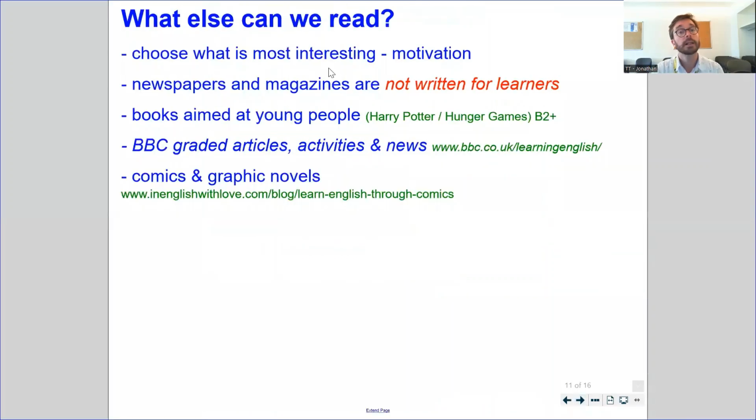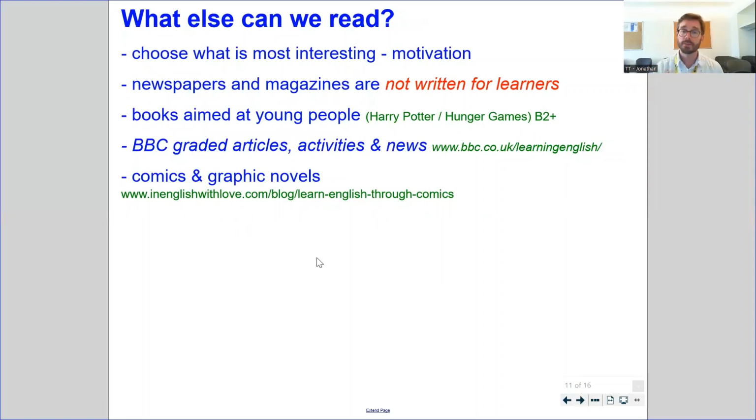Okay. Useful to think about what else we can read. Obviously, we need to choose what is the most interesting. Okay, if you're trying to read a book that's 500 pages long and you're not interested, your motivation is going to be a problem. Okay. Also, we're thinking about newspapers and magazines are not written for learners, so they use a lot of sophisticated language, a lot of idiomatic language, and they can be very difficult.